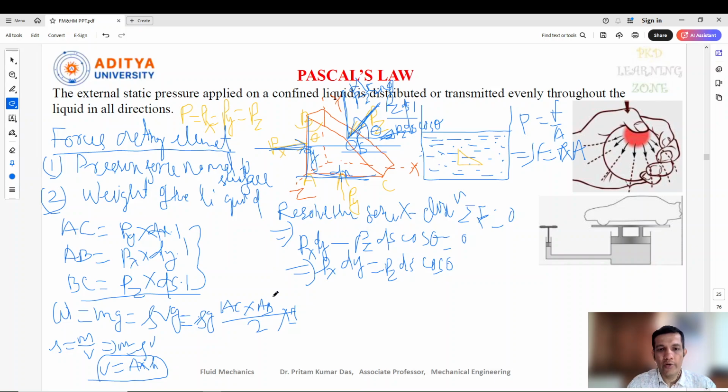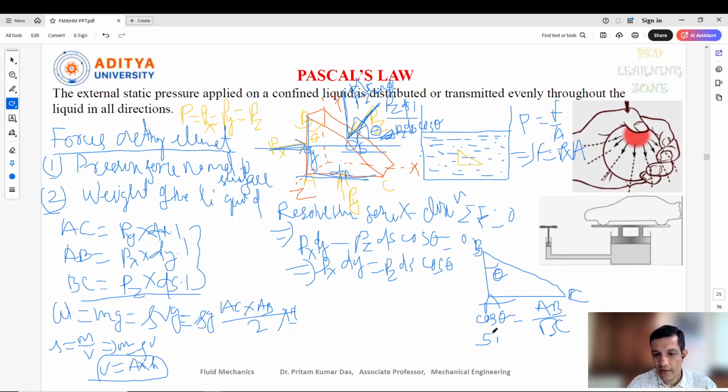Now again we need to consider this right angle triangle, ABC, and the angle we have taken is theta. To calculate cos theta, cos theta equals the adjacent side AB divided by the hypotenuse BC.